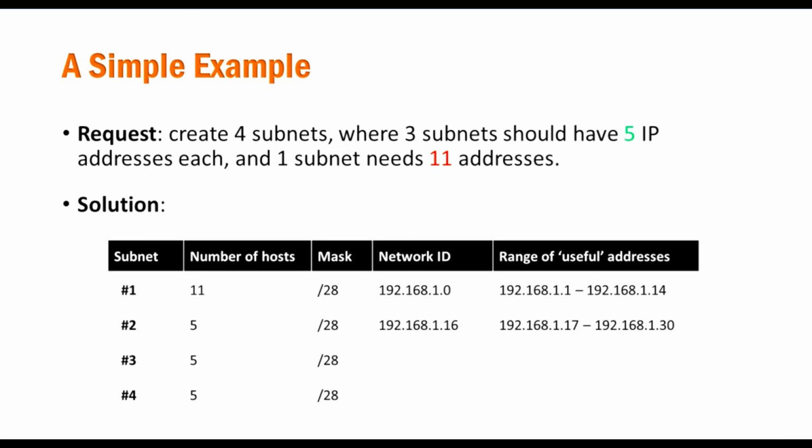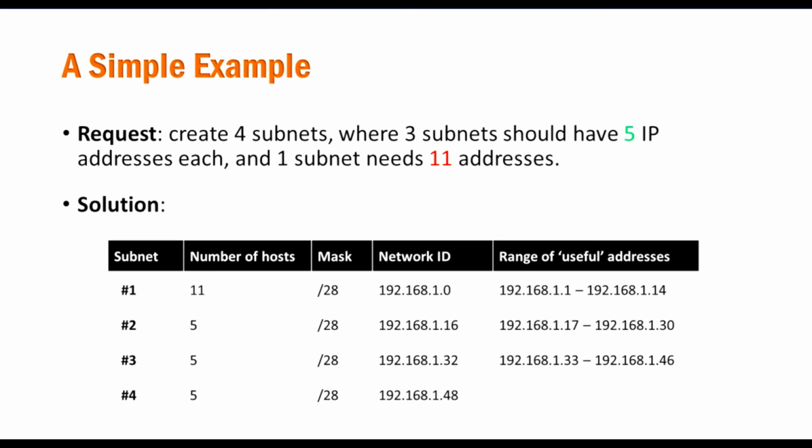The network ID for the third subnet is going to be 192.168.1.32, and then again we're going to use the next 16 IP addresses in that subnet, where 192.168.1.47 is going to be broadcast, and then 192.168.1.48 is going to be the network ID of the fourth subnet.